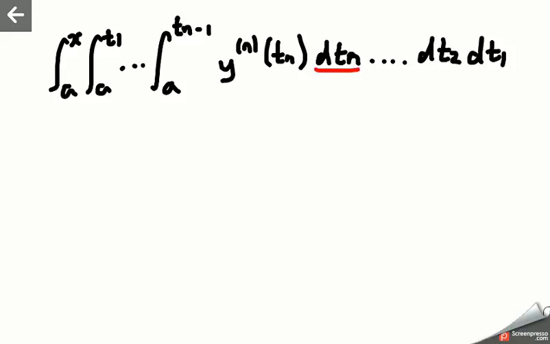So this tn goes with this integral, this t2 goes with this integral, and this t1 goes with this integral. Well, what we can do is basically just do the same step that we always do.